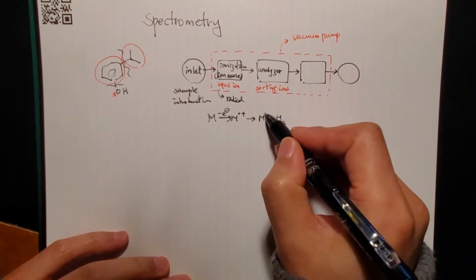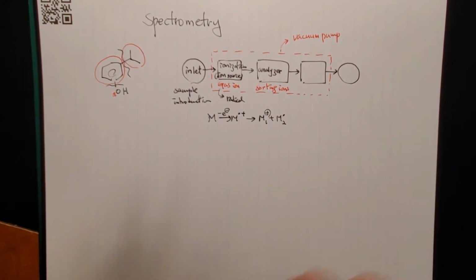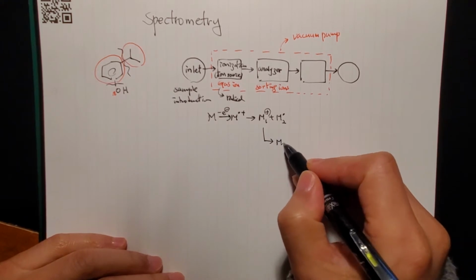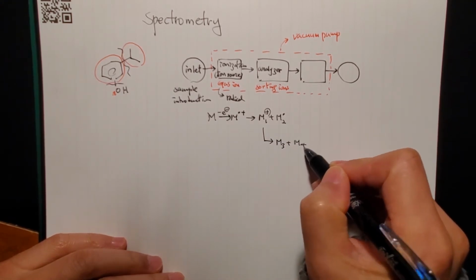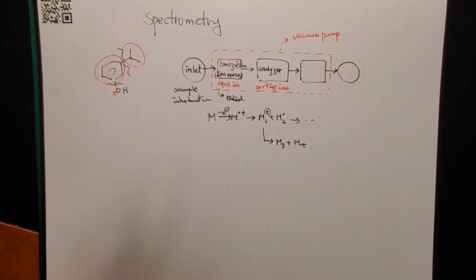It could be positive on this, radical there, or vice versa, or both randomly. And this can be further breaking down as well. So you're going to end up making a lot of fragmentations.